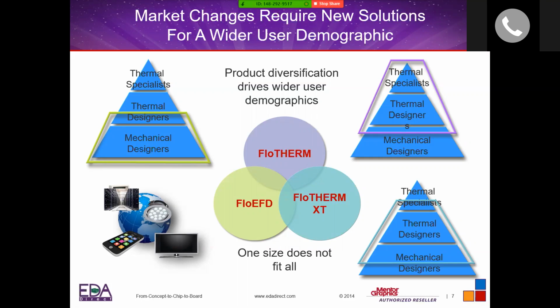And we have a product for that, and it's called FloTHERM XT. So we found that there isn't one product that fits all. Depending on where you are leaning, or your background or your preference, we can specify the correct product for you. Now, all three can do electronic system cooling thermal analysis.